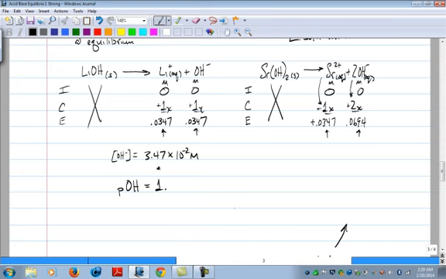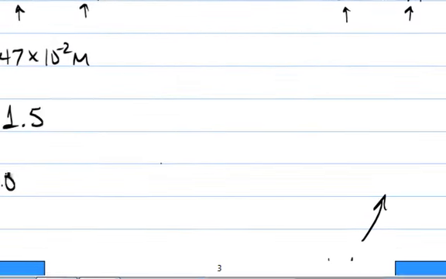It's a little more than 3 times 10 to the minus 2, but really not that much more. So to two significant figures, we'll call it 1.5. And that means the pH will be 14 minus the pOH, which is going to be 12.5.